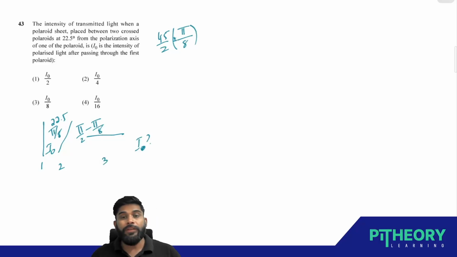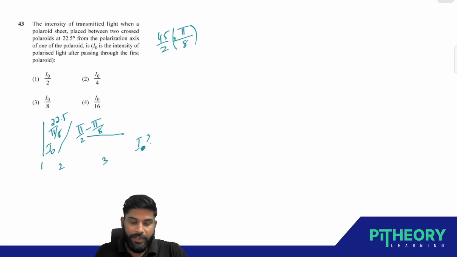So here you need to note that after passing through the first, it is a plane polarized wave only. Now if that passes through the next Polaroid, a normal consideration is that you may take it as I naught by 2. Don't take it like that because it is already plane polarized. So in that case also we need to apply Malus law.